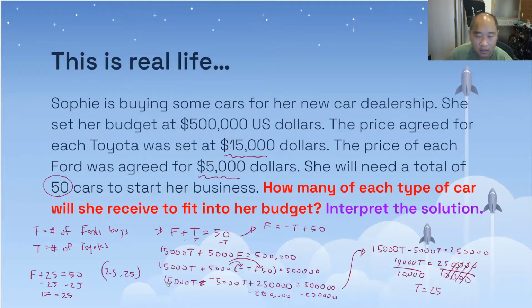F and t. So what does that mean? Interpret the solution. That means that with $500,000, she can buy 25 Fords and 25 Toyotas and not have any money left over, and she'll have 50 cars. So that'll satisfy all of her requirements. Okay.